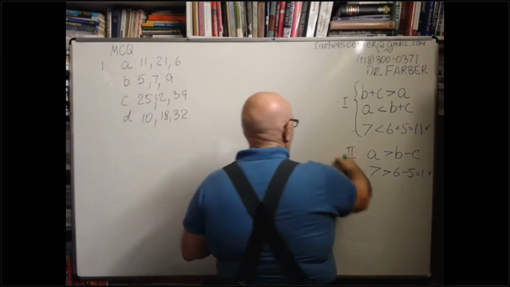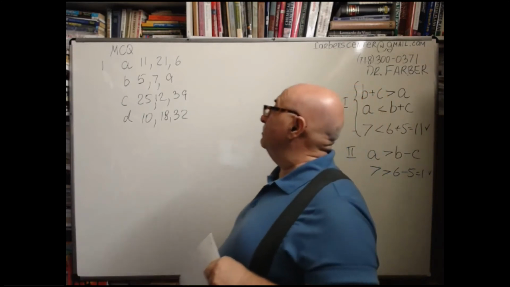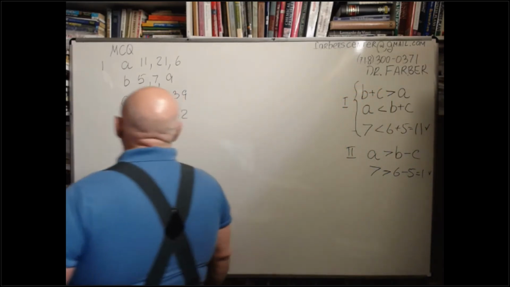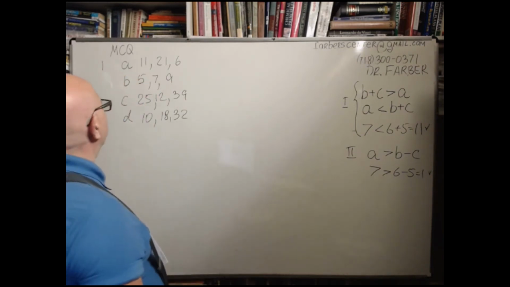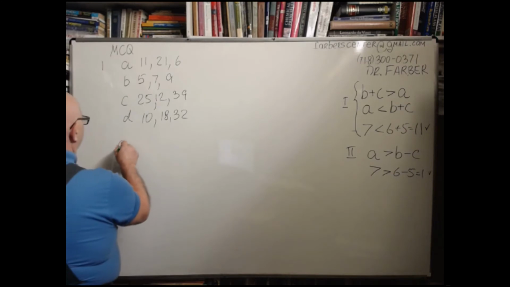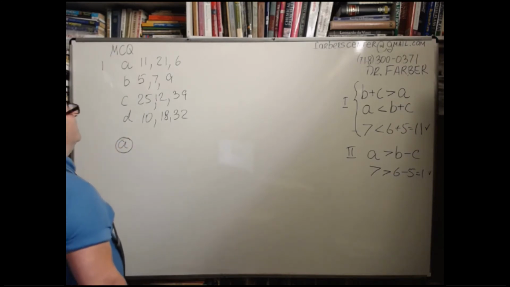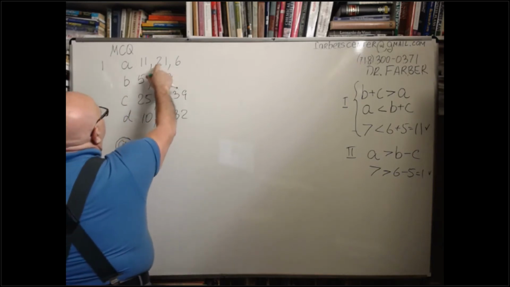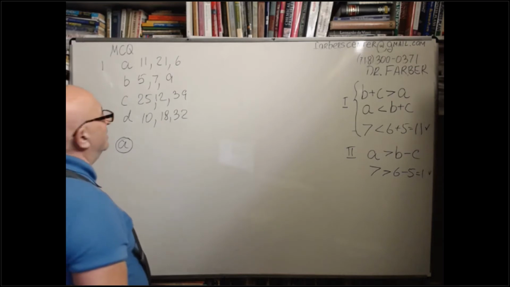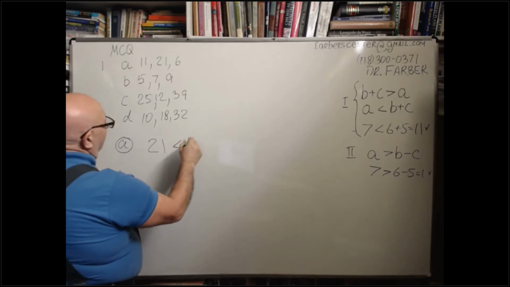Imagine each of these numbers represents the length of a side of a triangle, the length of a segment. And you check. According to this rule, we have two conditions. Let's say I want to check A. Any side is supposed to be less than the total of two sides. Let's say, is 21 less than 11 plus 6?